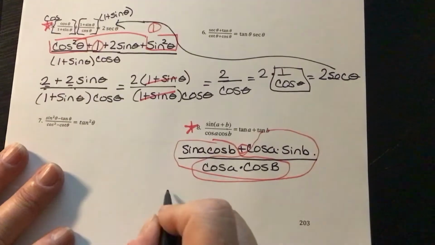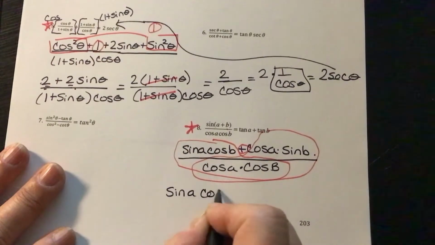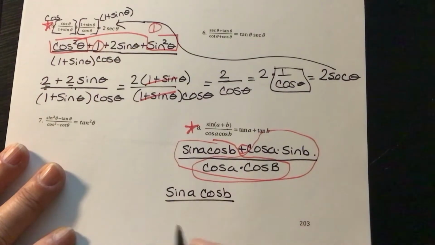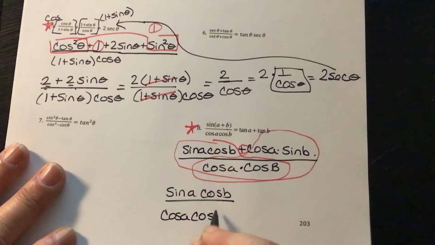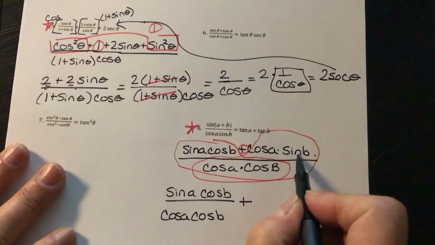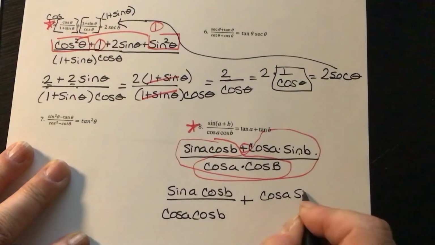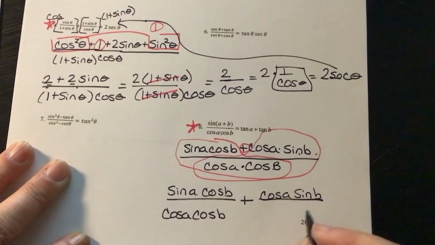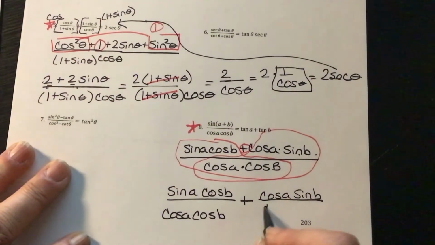So this is sine A cosine B over cosine A cosine B, and I'm going to add to that cosine A sine B over cosine A cosine B.